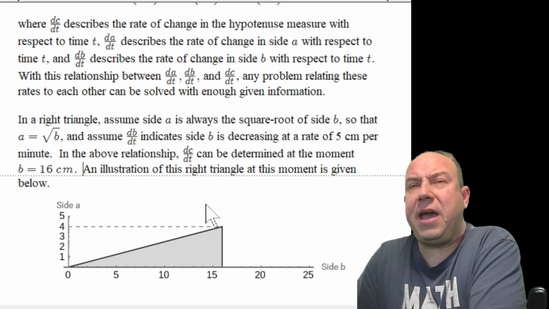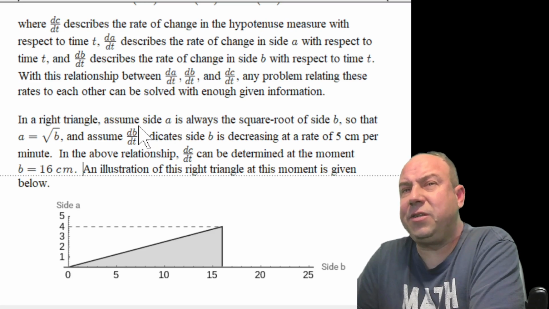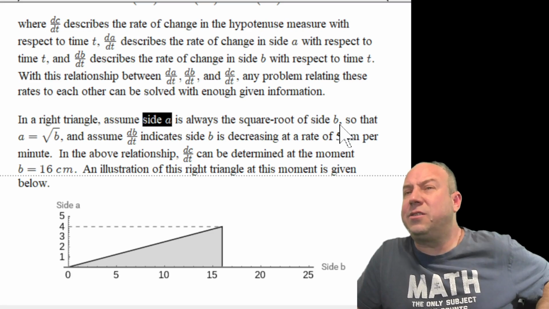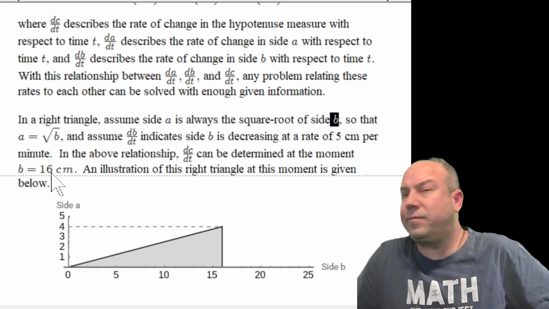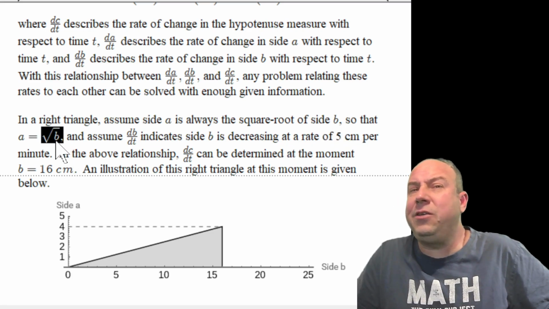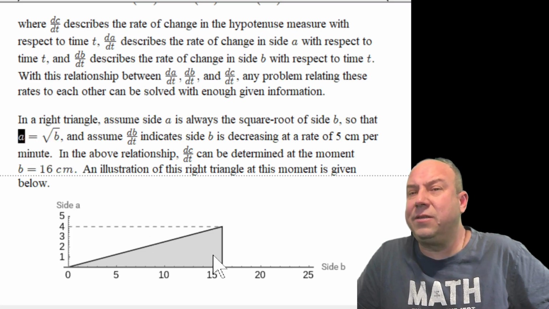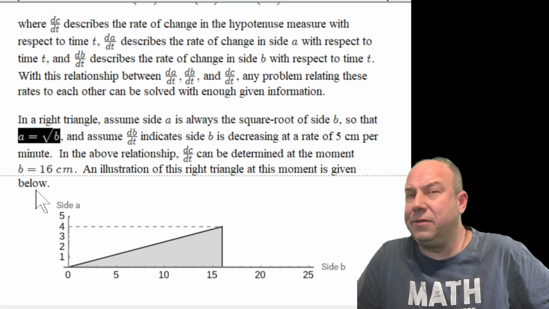So here what we have is we do have some assumptions to begin with. We do have, in this case, side A is always the square root of B. So if B is 9 units, A is 3 units. Or in this case, if B is 16 units, A is 4 units. A is always the square root of B in this case.